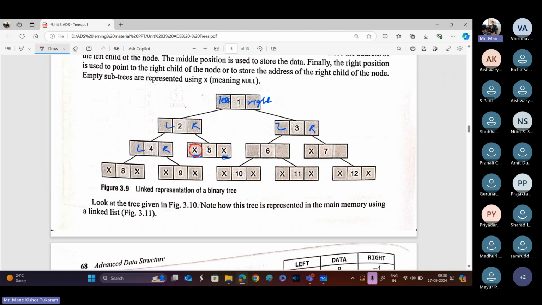Similarly, here no right, no left, then again crosses are given, since it is a leaf node.